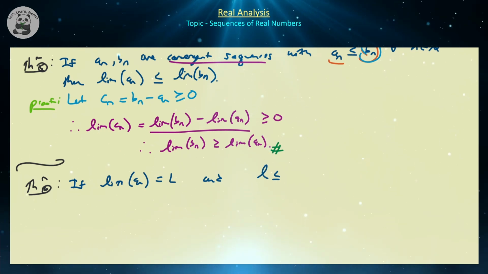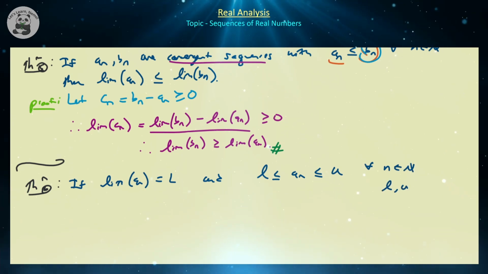Let's do L is less than or equal to an is less than or equal to u for all n in the set of natural numbers. And let's assume that L and u are fixed real numbers. This is not needed; you could actually make sequences out of the L and the u, so the sequences are both a lower and upper bound for the sequence an.